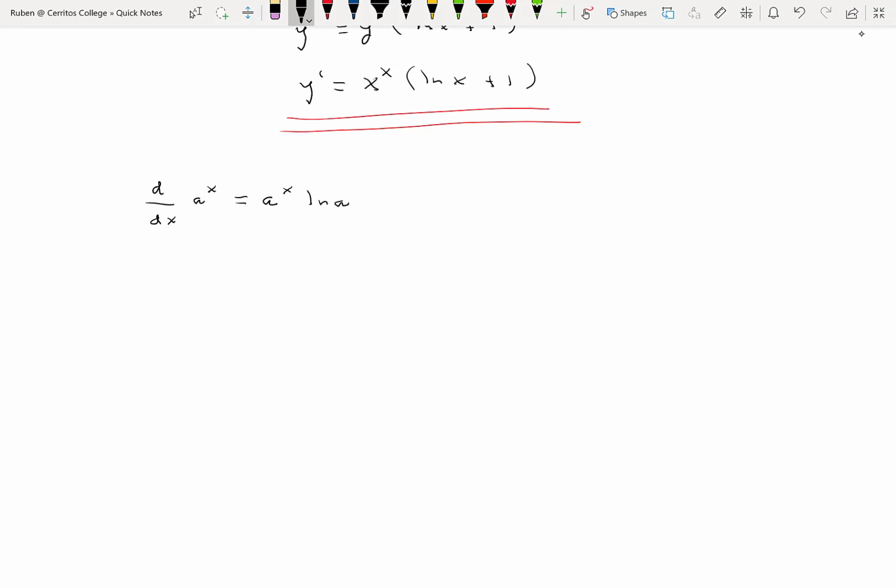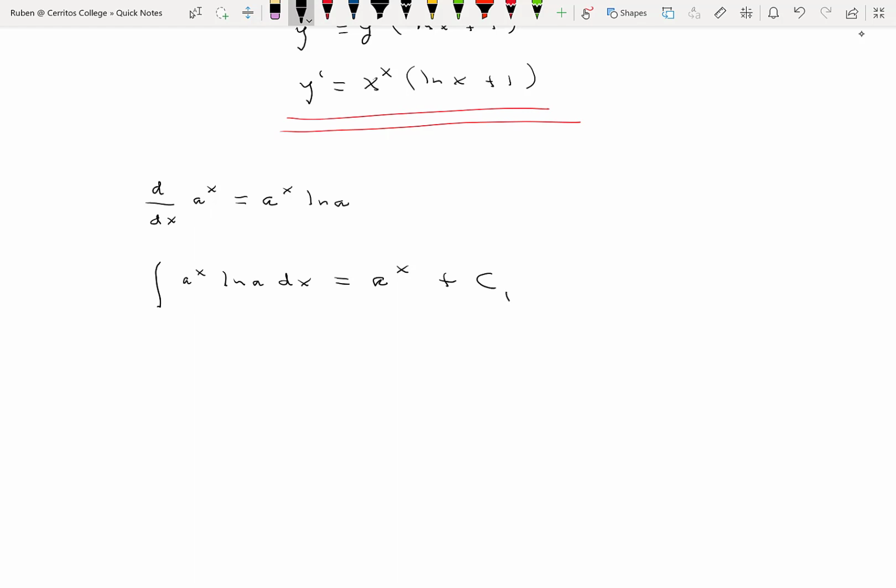So I'm going to take the antiderivative of both sides of this expression. If the derivative of a to the x is a to the x ln a, then the antiderivative of a to the x times the natural log of a should be a to the x plus a constant.